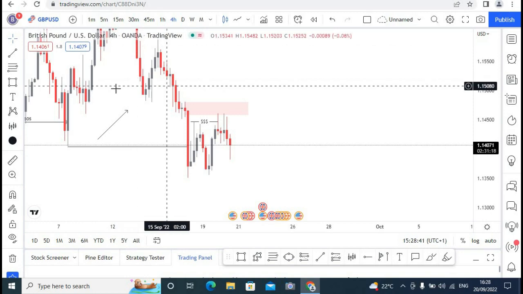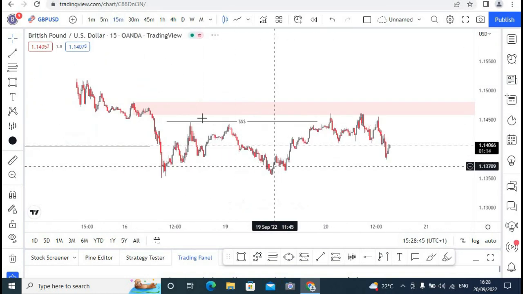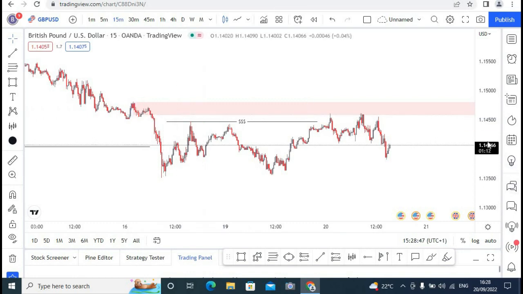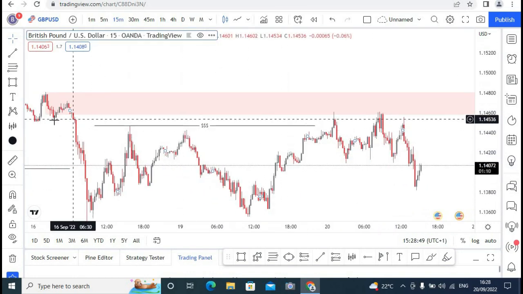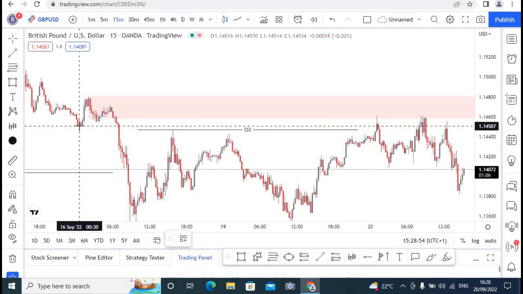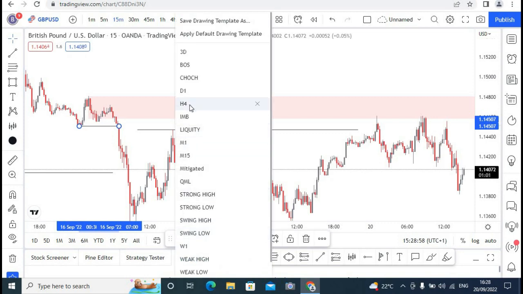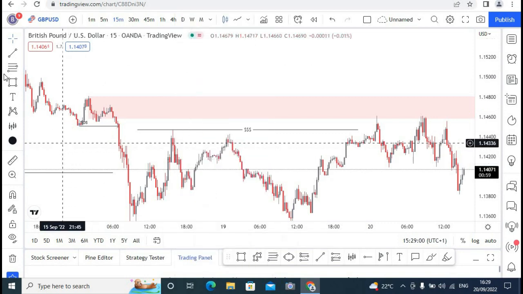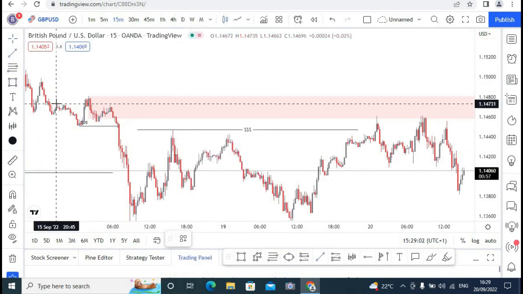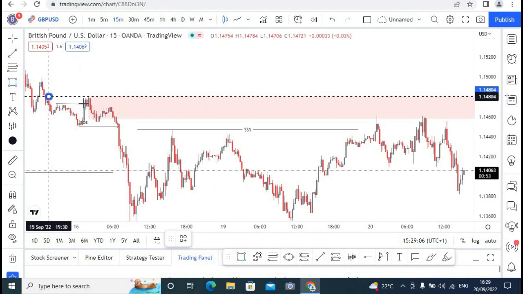So once you have identified such, you go to the 15 minutes time frame. In the 15 minutes time frame, what do you want to see? You just want to see price coming back to your supply. So here we did have this low, meaning we did have a breakout structure here, but you can also see this zone was induced, price coming back to the supply zone area around this zone.